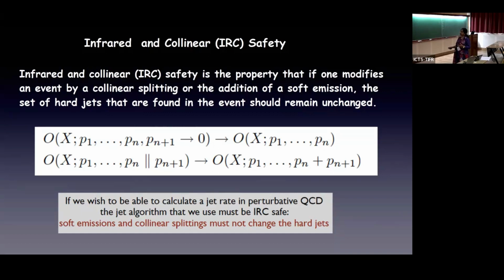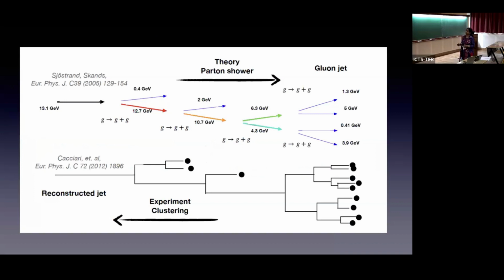If we wish to calculate the jet rate in perturbative QCD, the jet algorithm we use should be IRC safe, because then we'll be able to compare the theoretical predictions with experimental measurements.